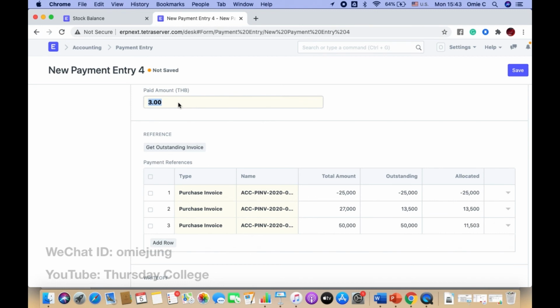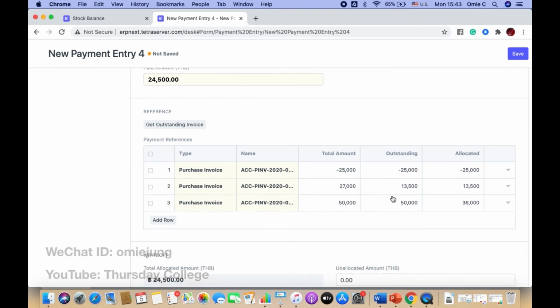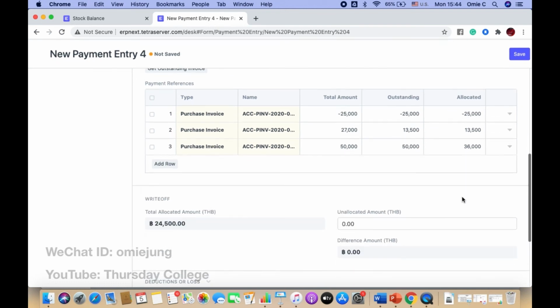So this one is 15,000, the allocation, so maybe I pay 2512, 24500, this one here. So this one I'm gonna pay the money, something like this.